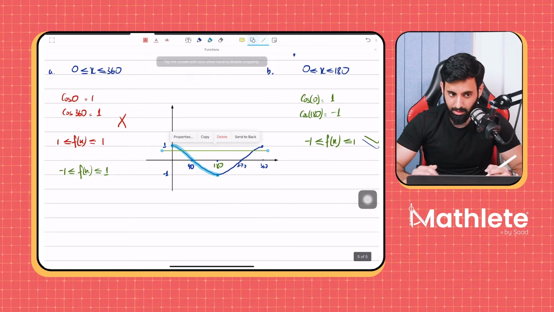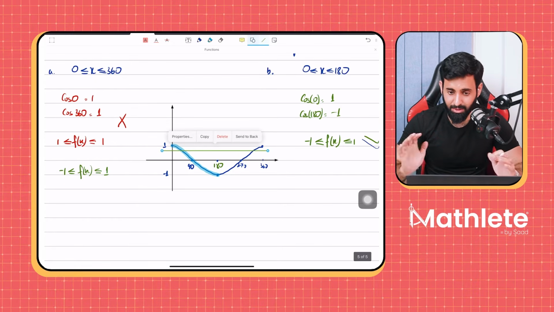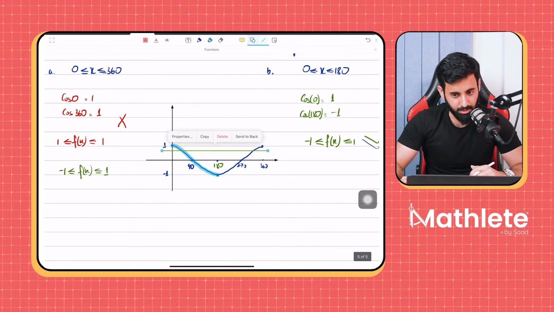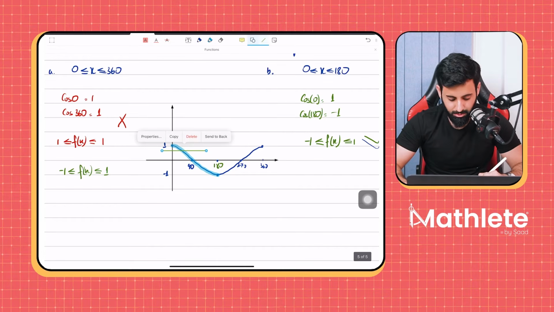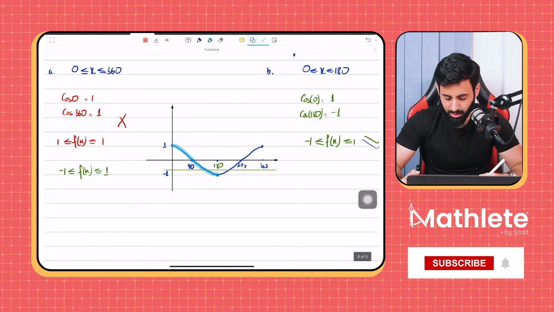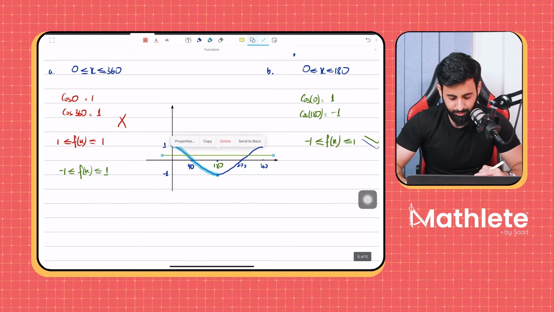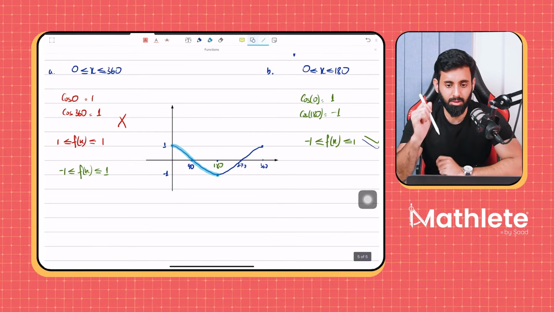If yes, no matter at what point it does that, it means it's not a one-to-one function. One can argue that if I make a horizontal line this long, it's also cutting the curve at one point. But that doesn't make sense. You have to see throughout the curve whether it's going to cut at only 1 point or more than 1 point. Okay? So I hope that answers your question.